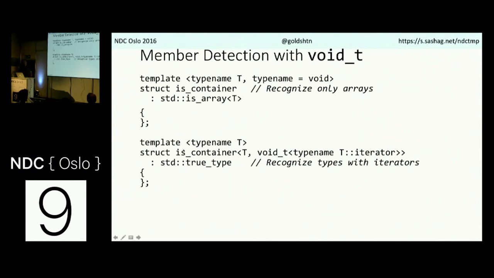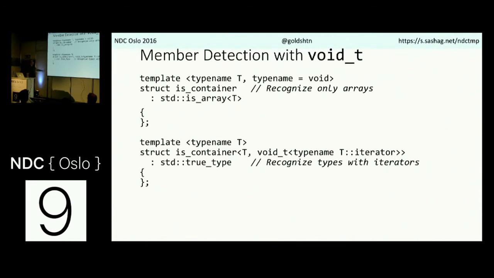And if we use this specialization, then I just inherit from std::true_type to indicate that, yes, we are a container. So basically, if this specialization is chosen, then we deduced that T is a container.